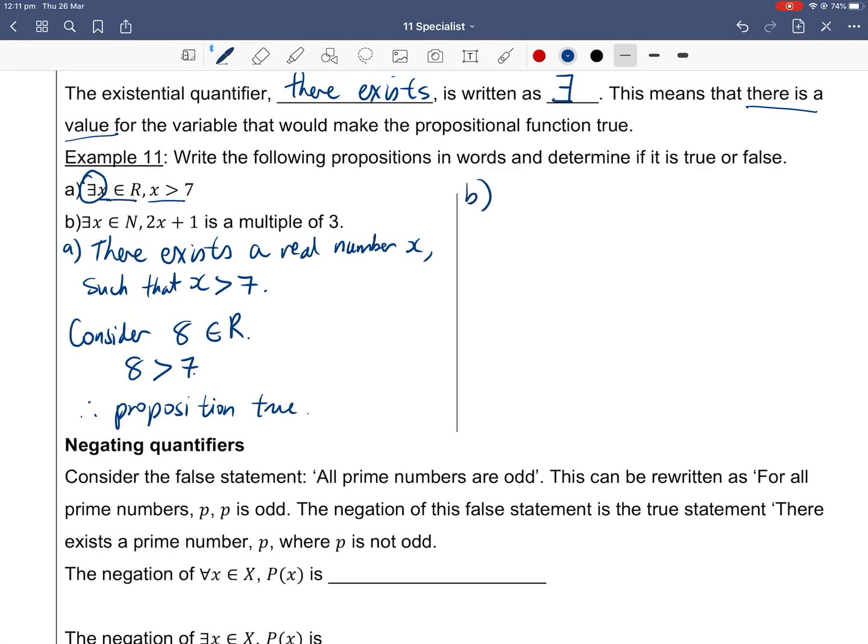Part B, there exists, so backwards E, there exists a natural number, n for natural number, such that 2x plus 1 is a multiple of 3.